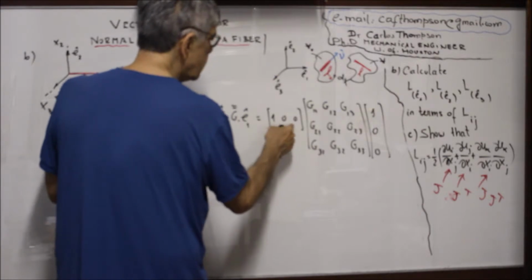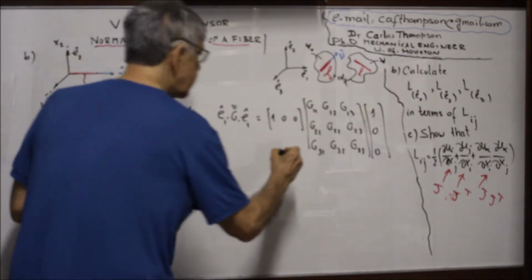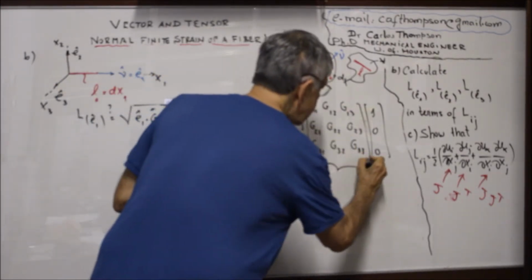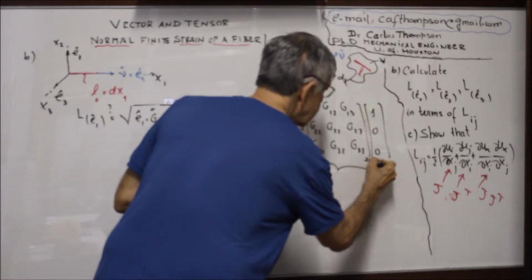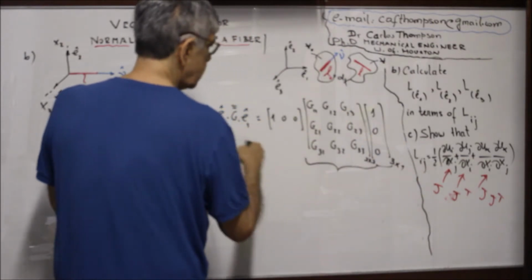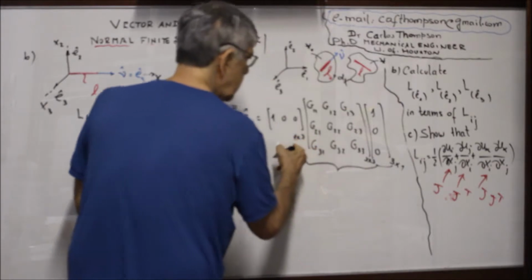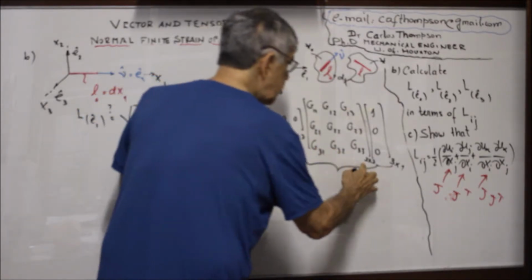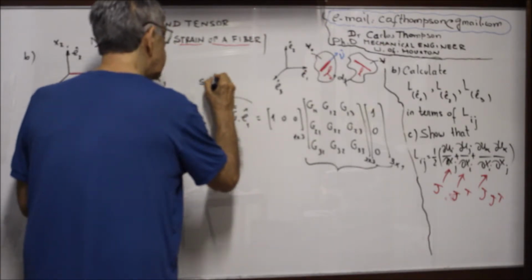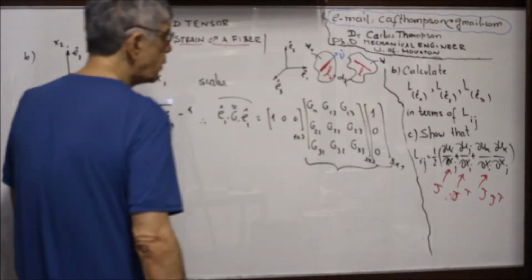This 1, 0, 0 is the transpose of 1, 0, 0 over here. Don't forget, this is a 3 by 3 matrix and this is 3 by 1. The result is 1 by 3, and 1 by 3 times 3 by 1 is a scalar. Don't forget this is a scalar quantity.